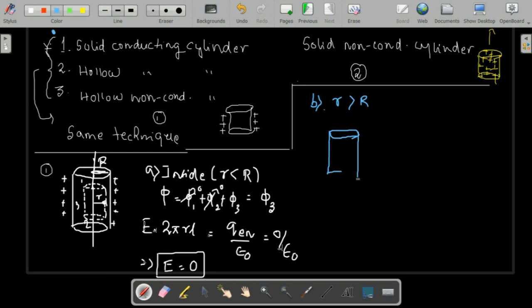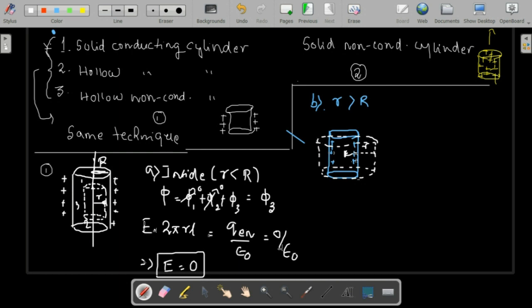This is my cylinder, and the charges are distributed on the surface. I have to find the electric field at a certain point at distance r, outside the cylinder, from the axis. So again I will do the same thing and construct a Gaussian surface, something like this.